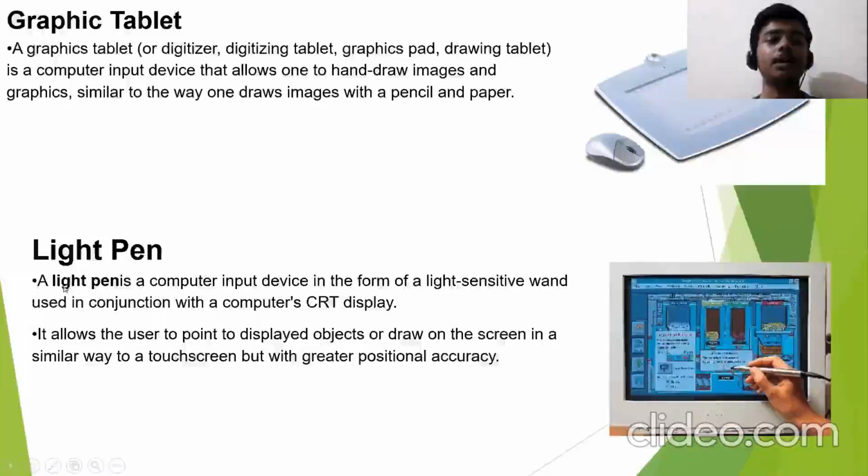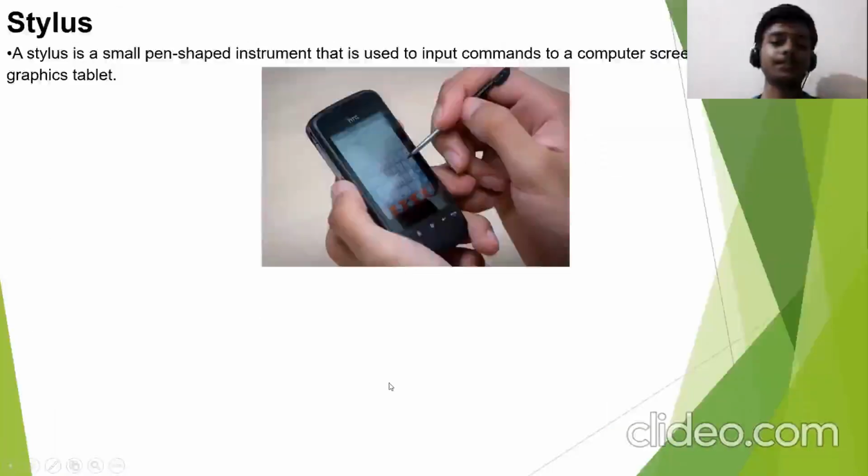Light pen. A light pen is a computer input device in the form of a light sensitive wand used in conjunction with a computer's CRT display. It allows the user to point to display objects or draw on the screen in a similar way to a touchscreen with greater positional accuracy.